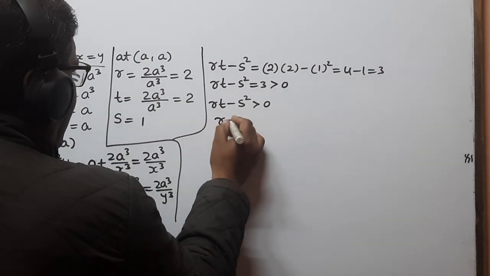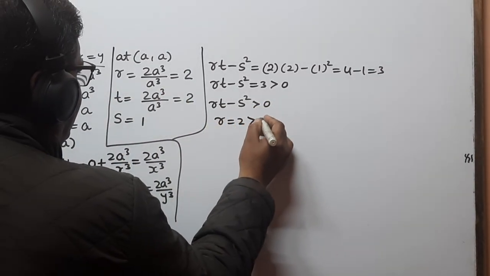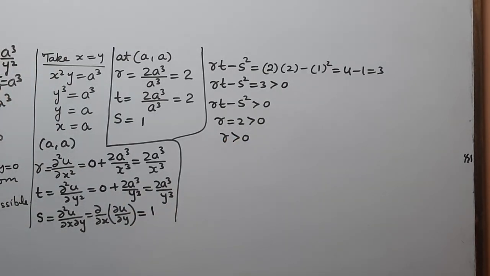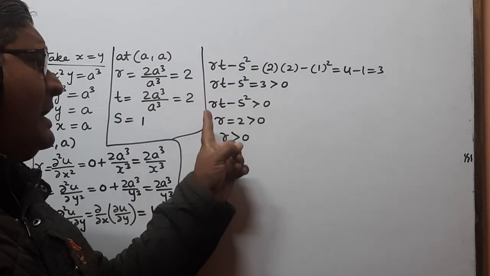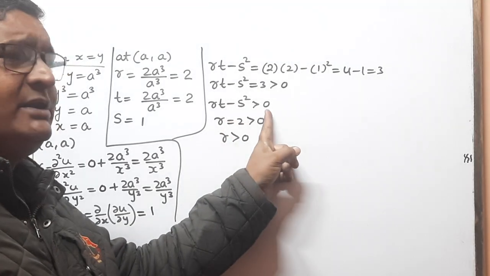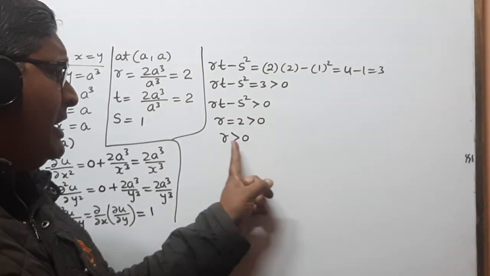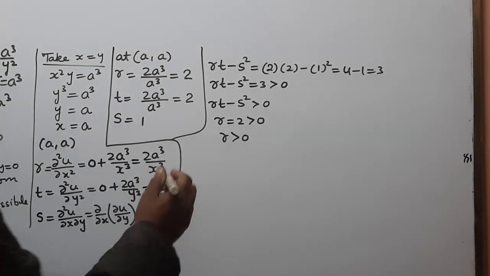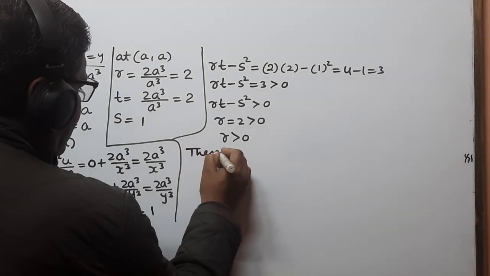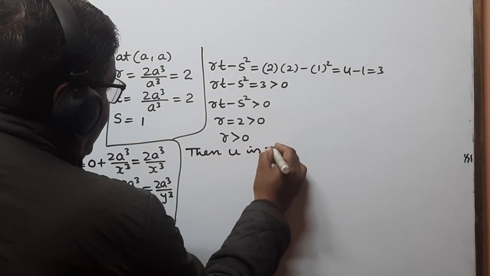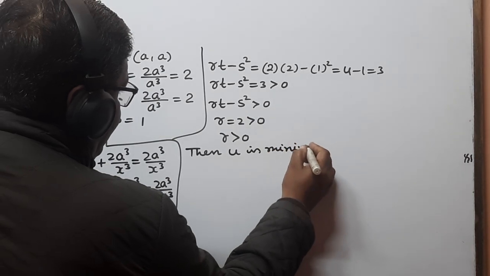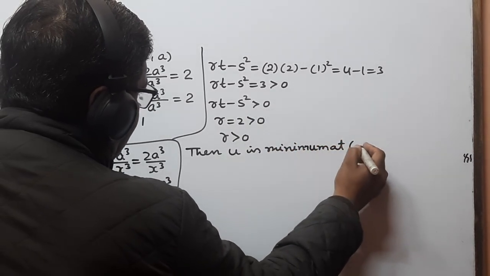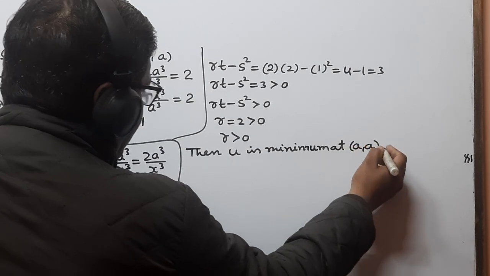And here r is equal to 2, which is greater than 0. When rt minus s square is greater than 0 and r is greater than 0, then u is minimum at the point (a, a).